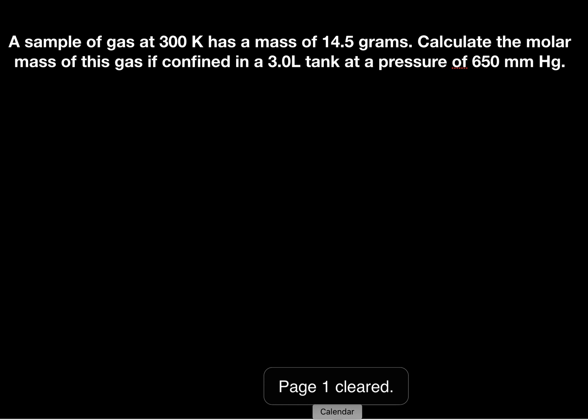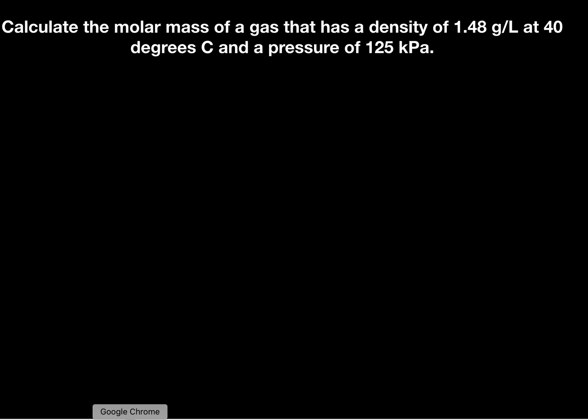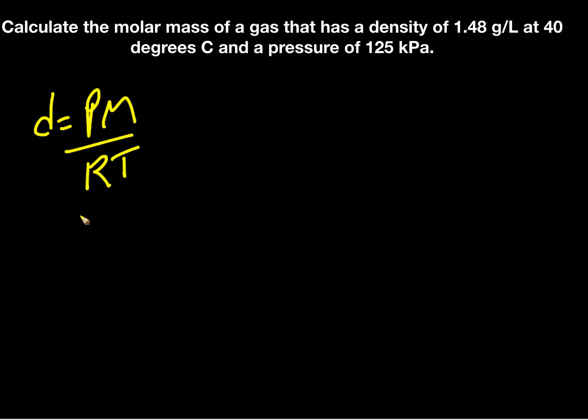So one more example. It says calculate the molar mass of a gas that has a density of 1.48 grams per liter at 40 degrees Celsius and a pressure of 125 kPa. So now we know density, so we're going to use that density formula. So we know D equals PM all over RT. So density we know is 1.48 equals our pressure, 125 kPa.